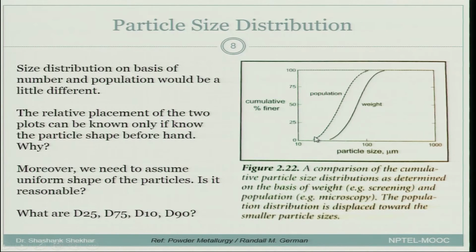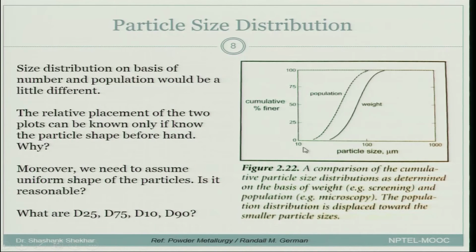This is a cumulative plot. Similarly, you can draw a weight basis plot. Here the weight is increasing as you increase the size. The weight of all the particles up to this point is added at this point. At this point you can see all the weights have been added, so it is 100%. At this particular point 0% of particle size lie, and therefore it has 0% data.